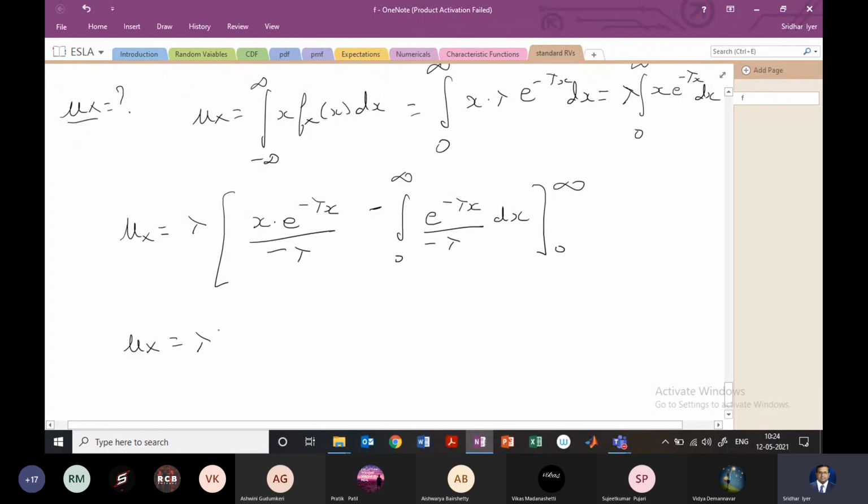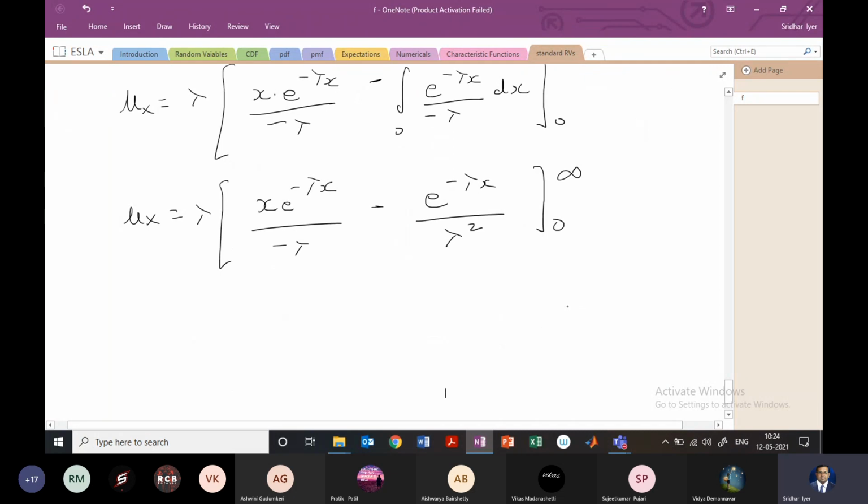So mu x will be, the lambda is outside, x e raised to minus lambda x divided by negative lambda minus, now we'll integrate this again. So you'll have e raised to minus lambda x divided by, you have another negative lambda, so this becomes lambda square, and this goes from 0 to infinity. Therefore, mu x will be, lambda is outside.